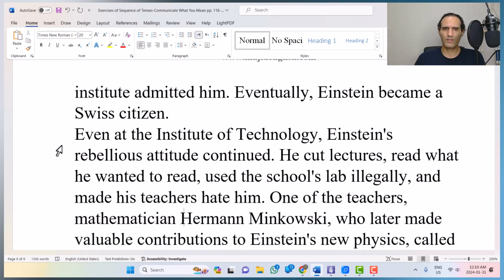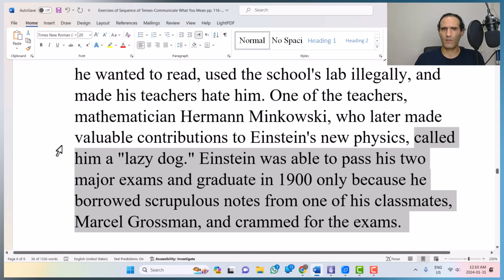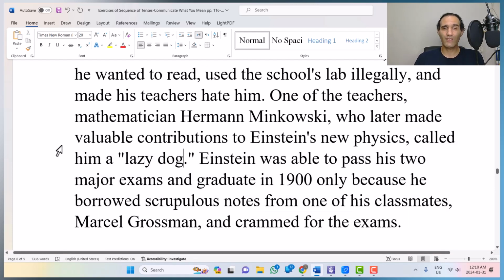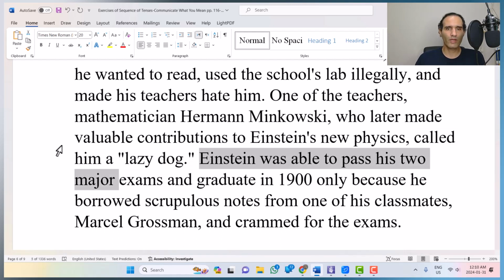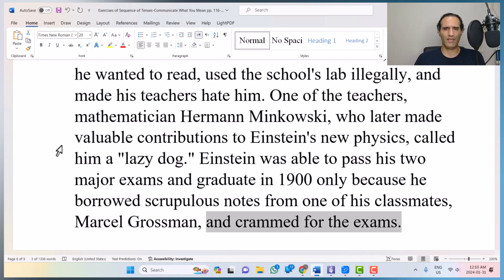One of the teachers, mathematician Hermann Minkowski, who later made valuable contributions to Einstein's new physics, called him a lazy dog. Einstein was able to pass his 2 major exams and graduate in 1900 only because he borrowed scrupulous notes from one of his classmates, Marcel Grossman, and crammed for the exams.